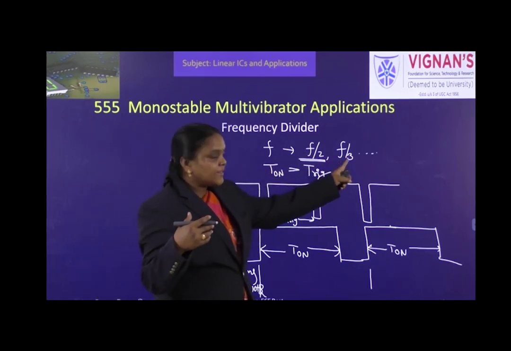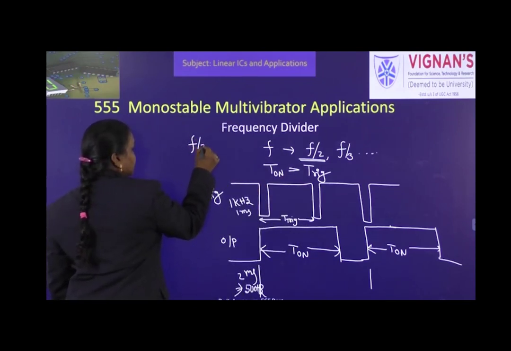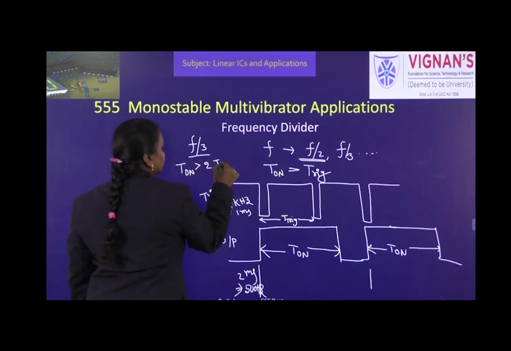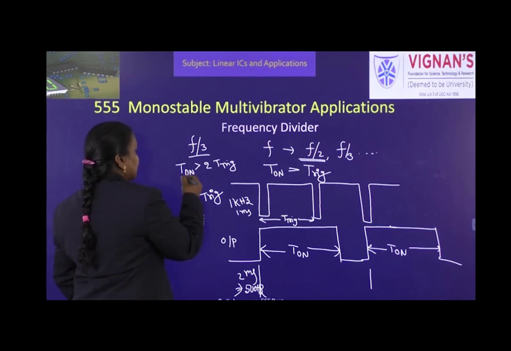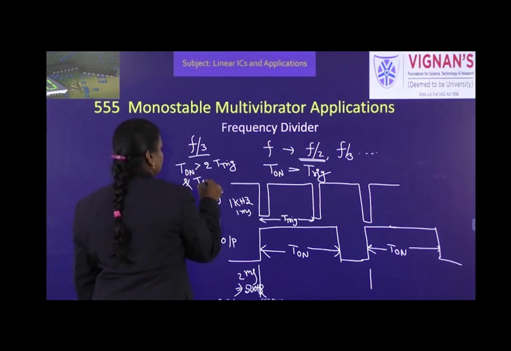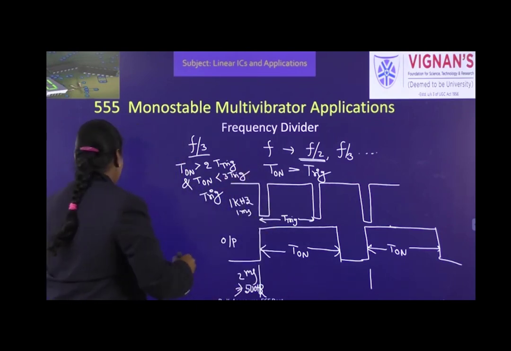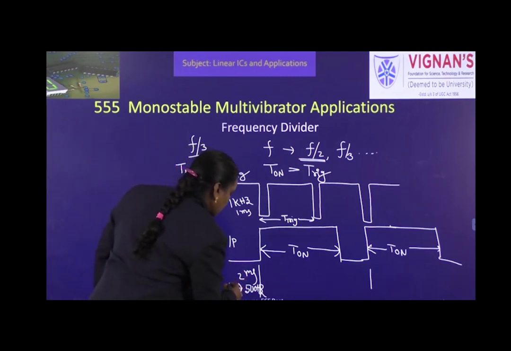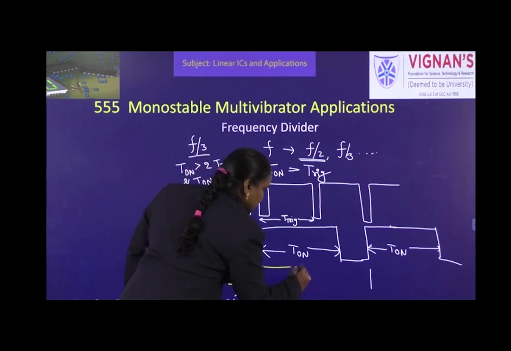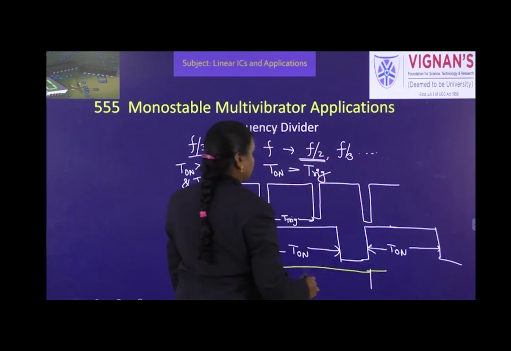Suppose I want f by 3, what should I do? T on should be greater than 2 times the trigger period and less than 3 times the trigger period. Then what happens, you see? It will start here. Its on period is greater than 2 trigger periods, so it will be like this.